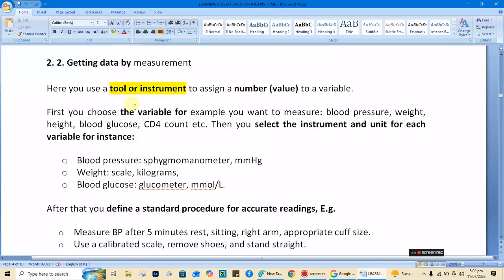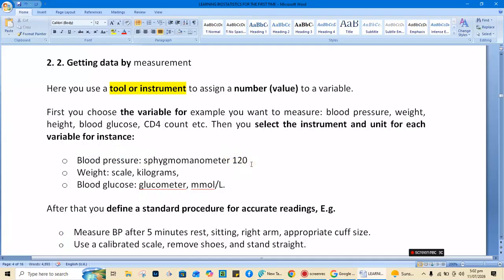Once you use that tool to measure, for example blood pressure, you do not just write blood pressure and then at the end put, let's say, 120, assuming that the person will know what it means.